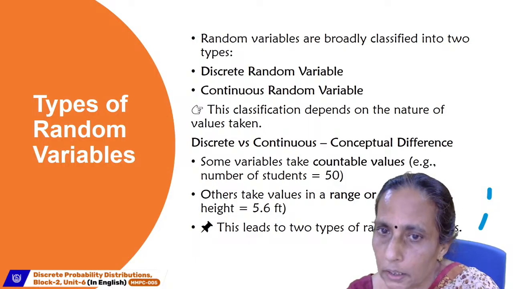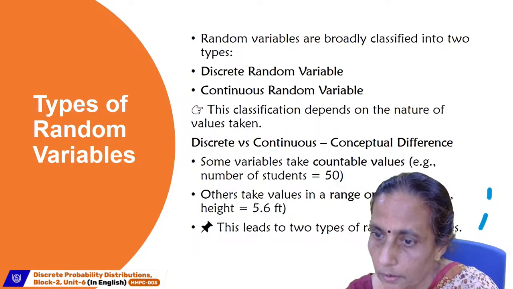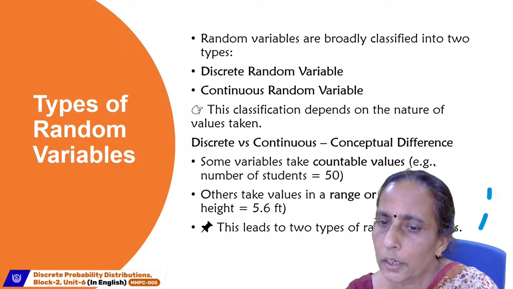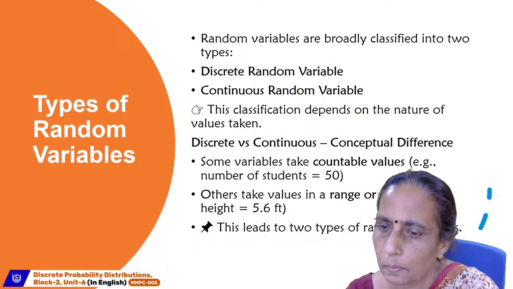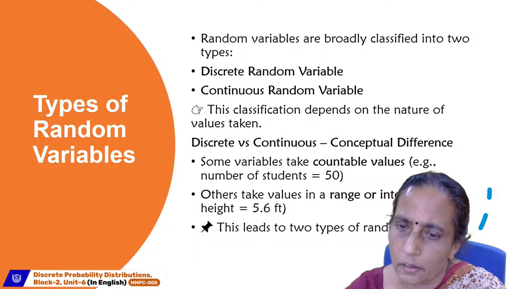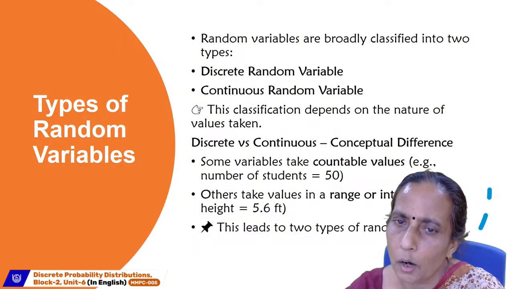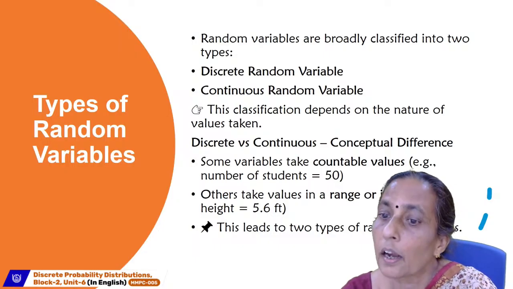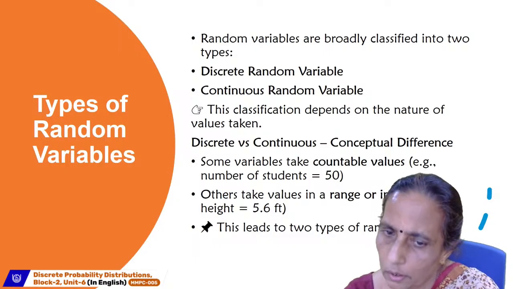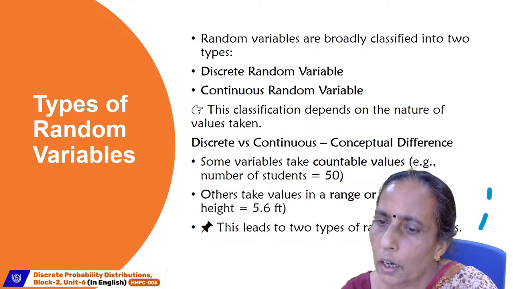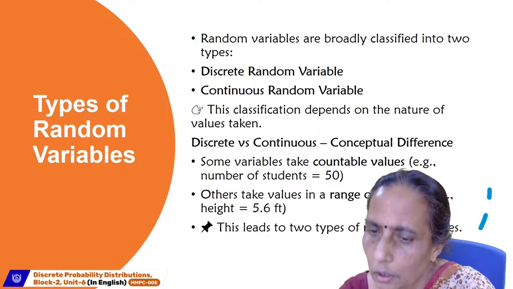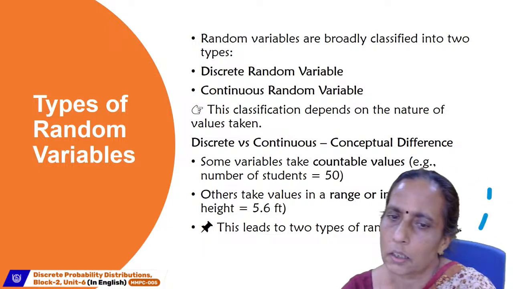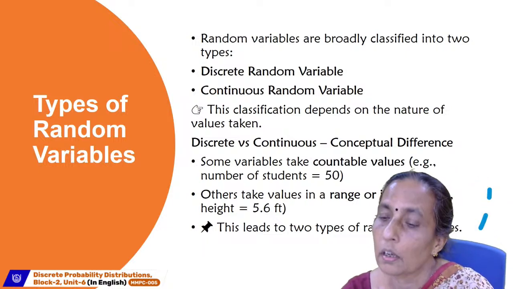By discrete random variable, I mean the random variable which can be counted 1, 2. That means they are distinctly differentiated from one outcome to the other. That is, some variables take countable values. For example, the number of students in a course is 50 or 60. That is my discrete random variable.